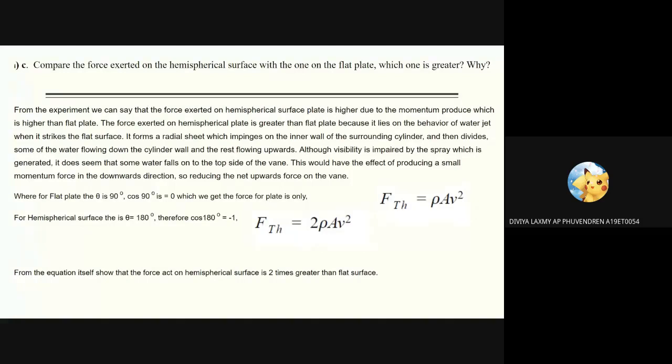As for the flat plate, theta is 90 degrees, and the formula for theoretical force is density times area times velocity squared, while for the hemispherical surface, theta is 180 degrees, and the theoretical force is 2 times density times area times velocity squared. So the equations themselves show that the force acting on the hemispherical surface is 2 times greater than on the flat surface.